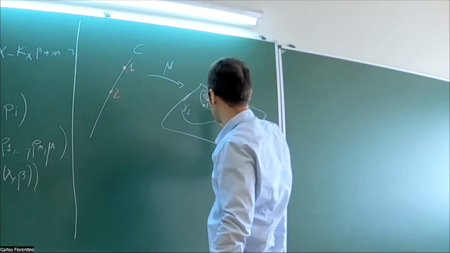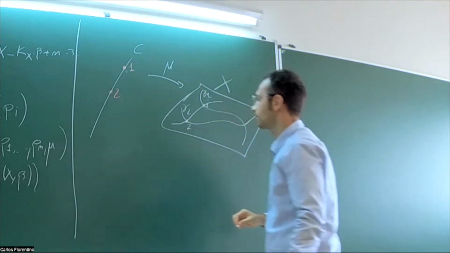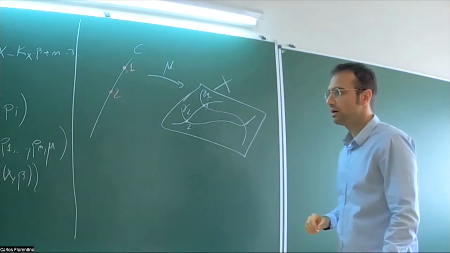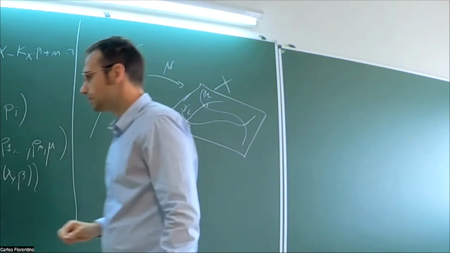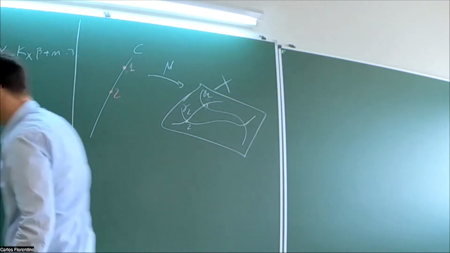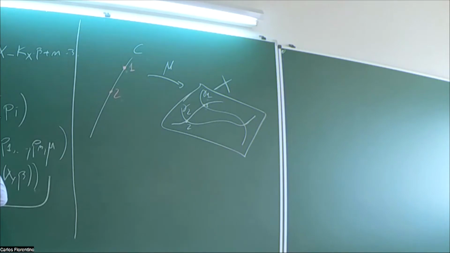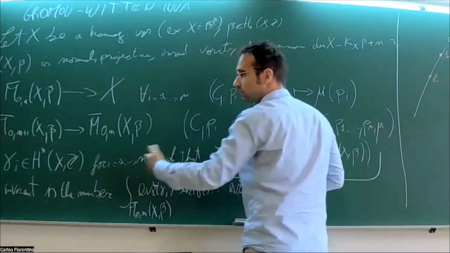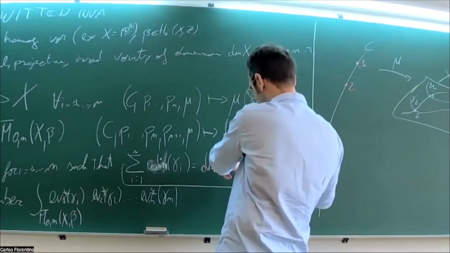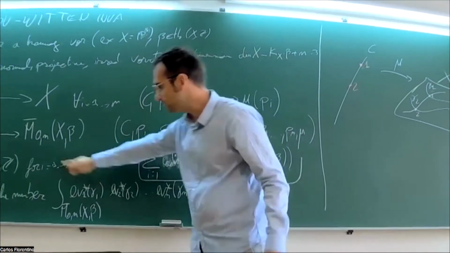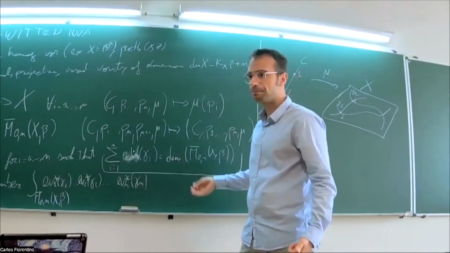The second marked point is over gamma 2. And so on. So this condition implies that this is a zero cycle, in the sense that its codimension is equal to the dimension of this. So it makes sense to take the degree, and this is a number.